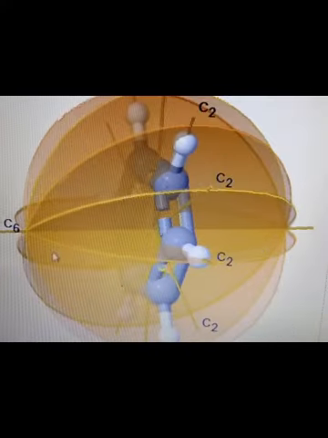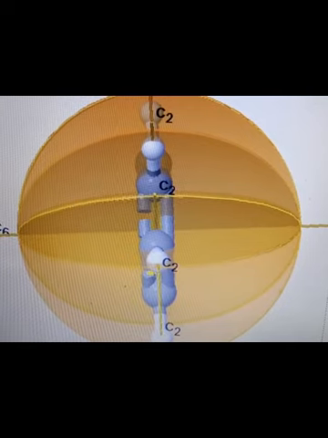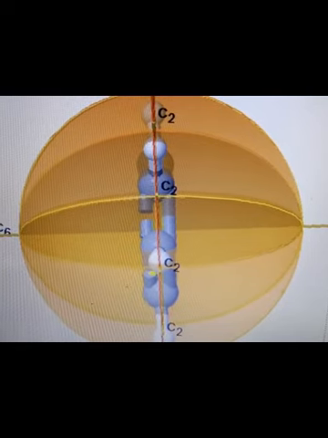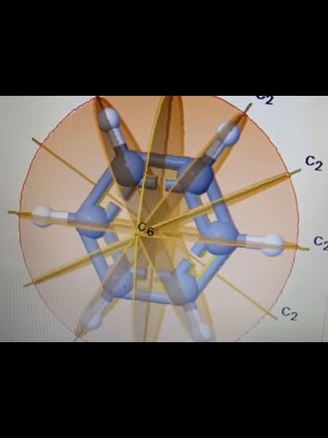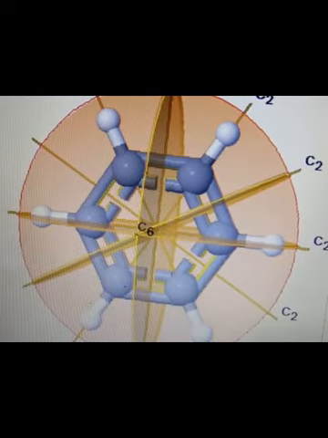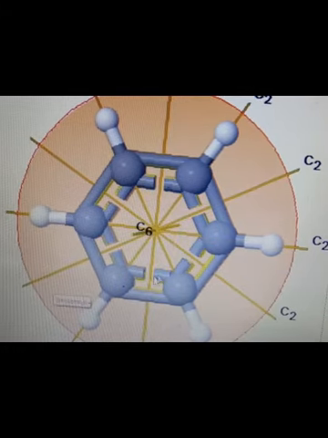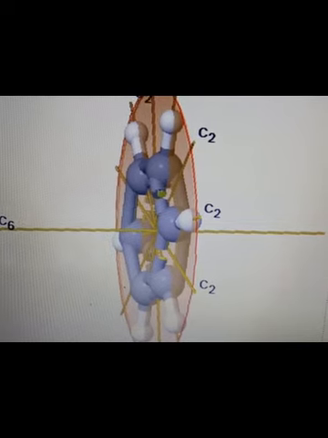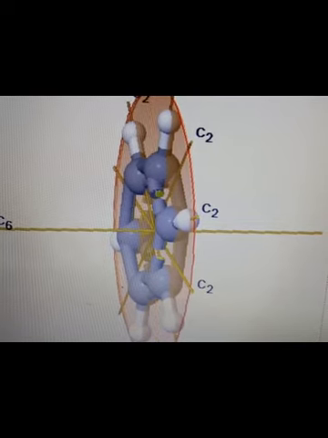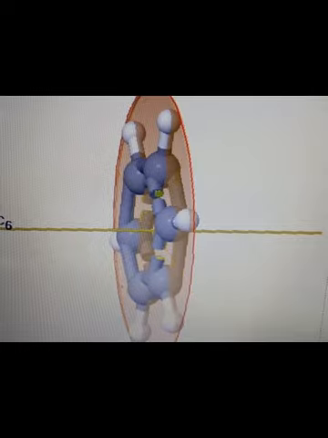And this molecule has a sigma H also, because since it belongs to D6H, it should also have a sigma H. The molecular plane itself is the sigma H, which is perpendicular to the principal axis of symmetry. You can clearly see here the presence of sigma H.